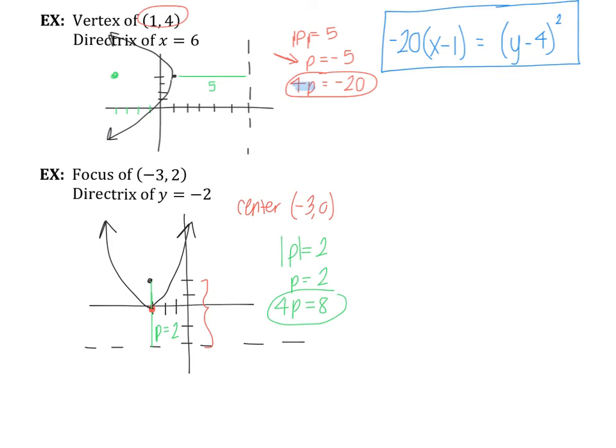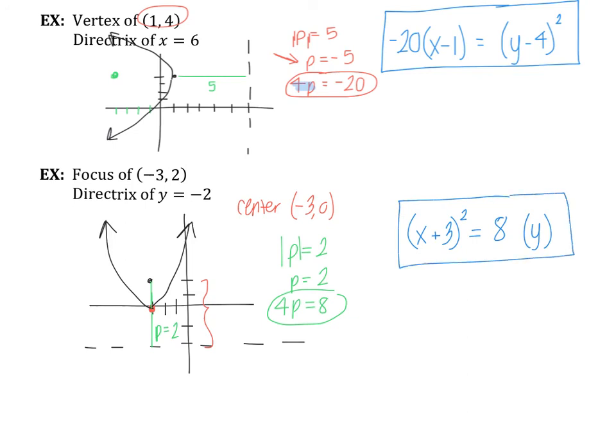Now we can write our equation. We have our x plus 3 squared term. It's going to equal my just y, right? It could be y minus 0 or just y because it stays in place. And now I have to put my 4p value. Well, 4p right here would be 8.